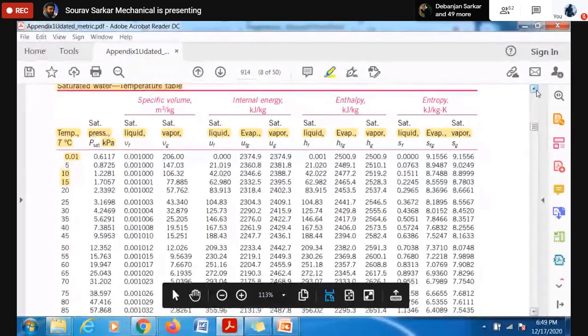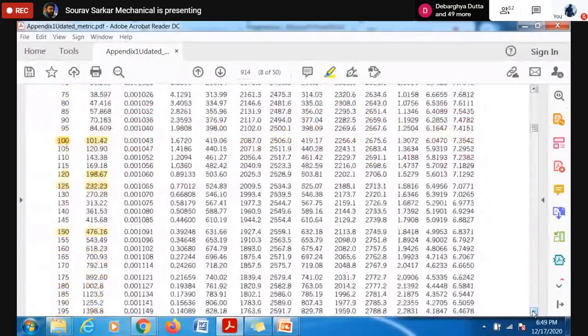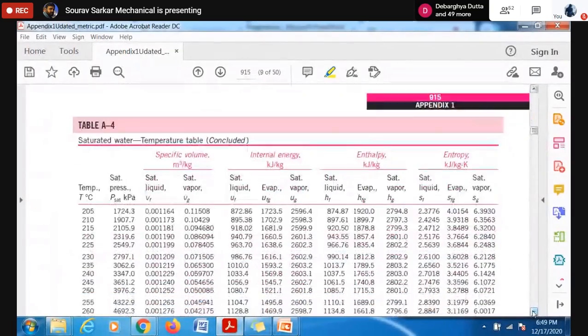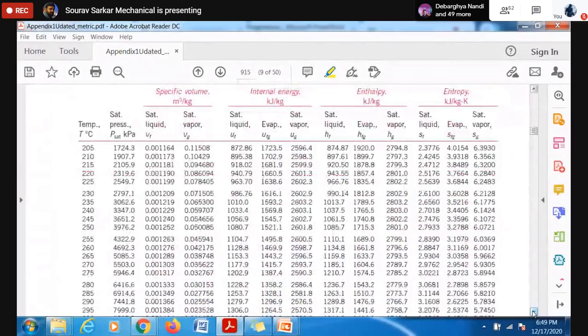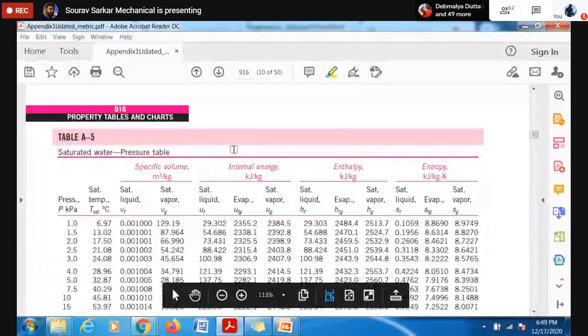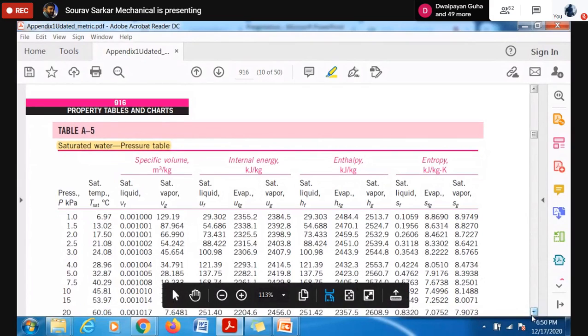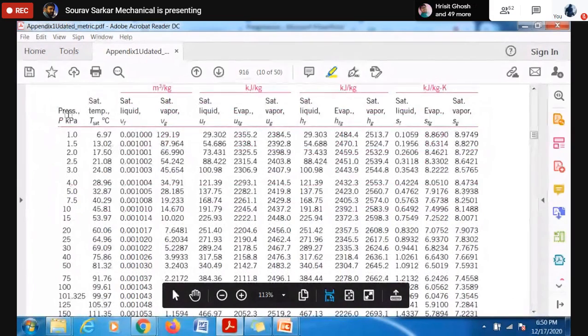So I told you in the beginning that this is the temperature table. If you go to the next page, this is also the temperature table. If you go further, at page number 10, it is written as saturated water pressure table, where they have mentioned the pressure in the first column.